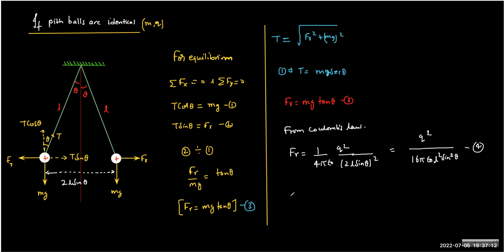So you can say from 3 and 4, what can you write? q square by 16 pi epsilon naught L square sin square theta equals mg tan theta. Now let's multiply this. It looks big, but not difficult.